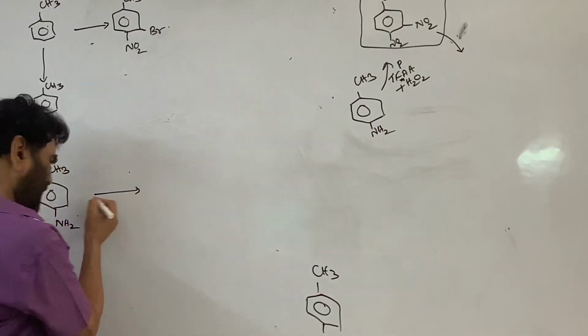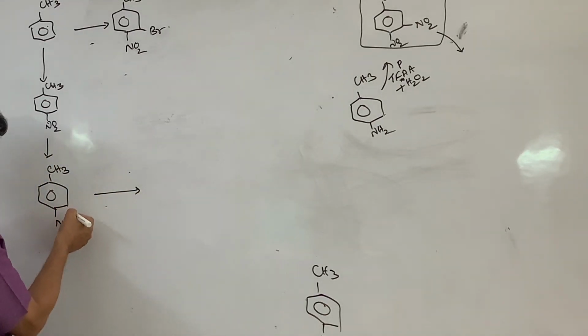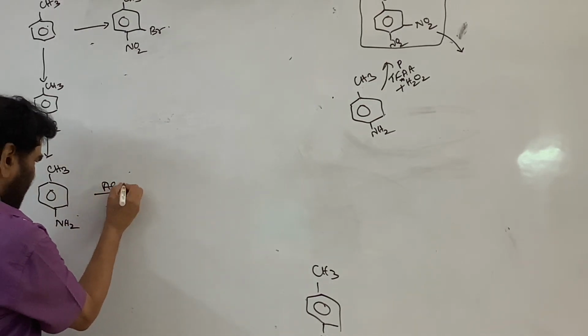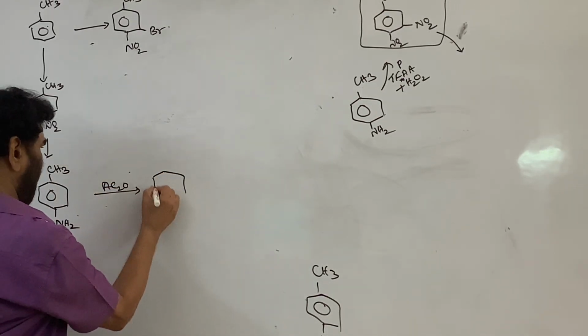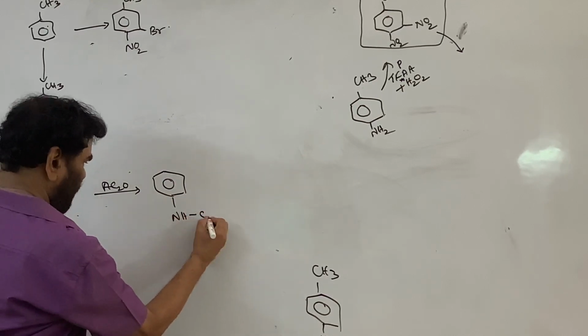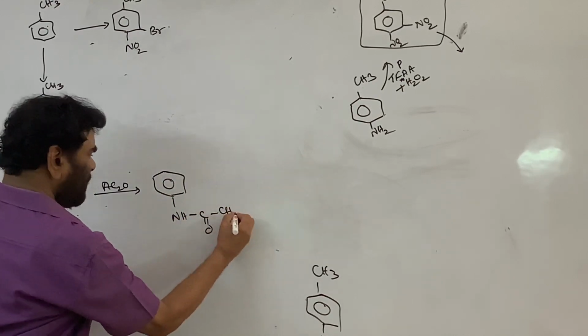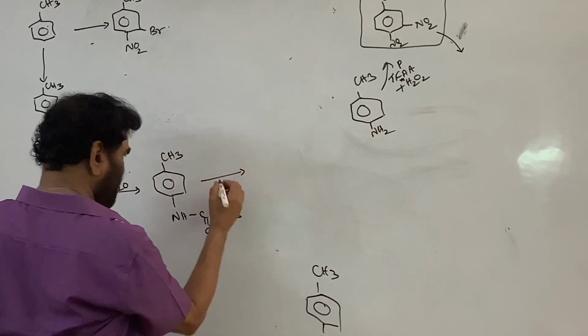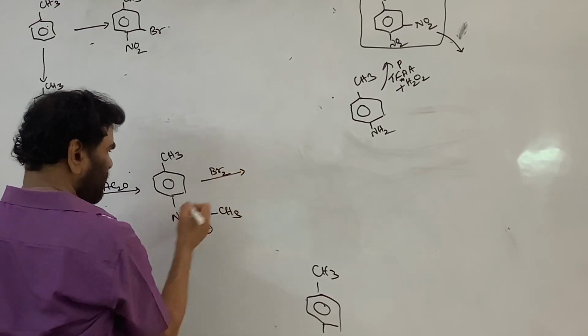Now, instead of the nitration, what we are doing, this is formed, group protection. Now it is treated with the bromine water.